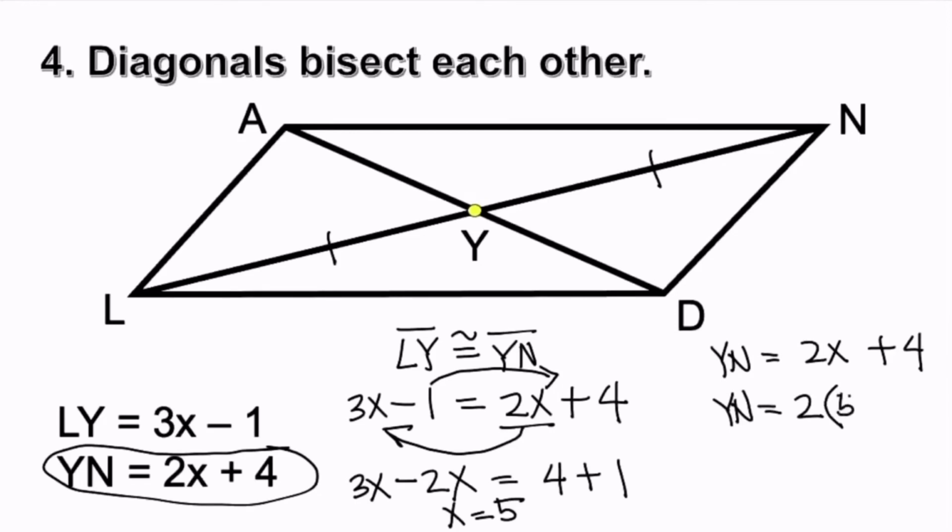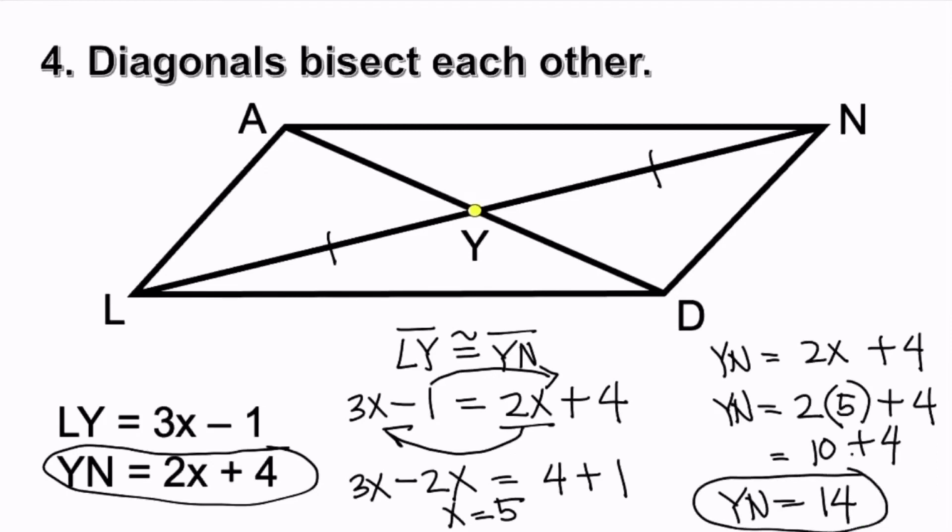So, lagay natin 5 plus 4. Ayan. 2 times 5 equals 10 plus 4, which means segment YN equals 14. Ganito natin ginagamit ang property ng parallelogram sa pag-compute na may kinalaman sa kanyang diagonal.